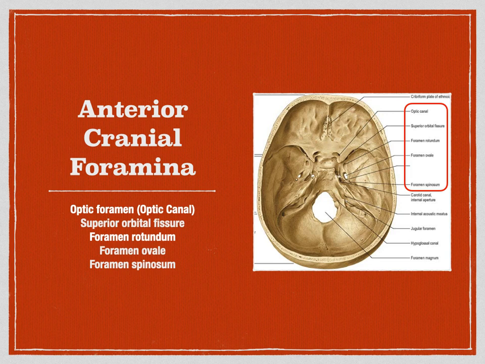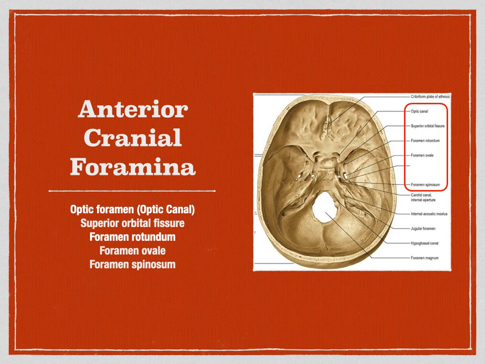The R is rotundum, the O is ovale, and the S is spinosum. So I've sort of used the words that are not foramen, and we get O-S-R-O-S or os-ros. So that may help there. Those are all in order. So those are the 5 anterior foramina, all sort of in a row.